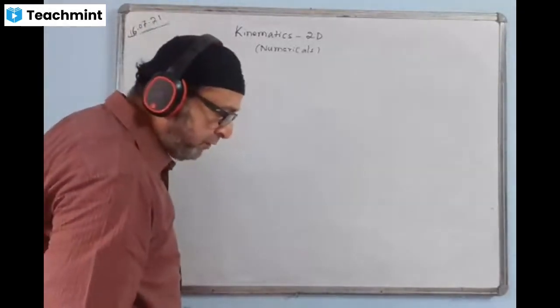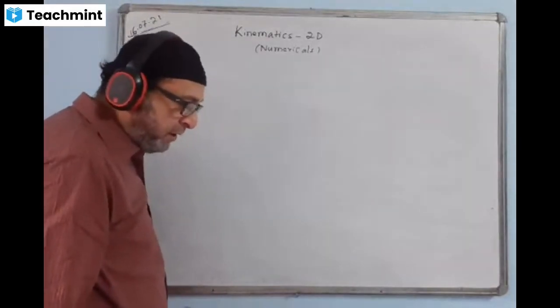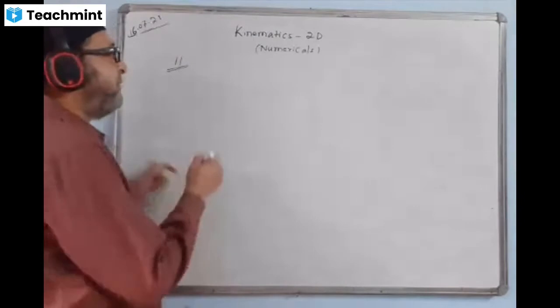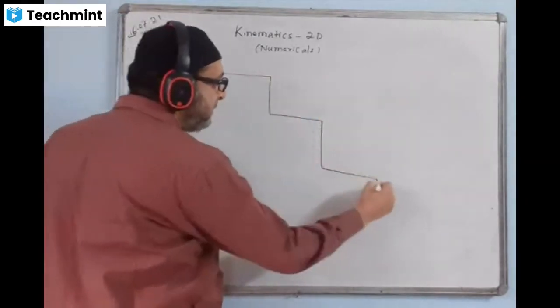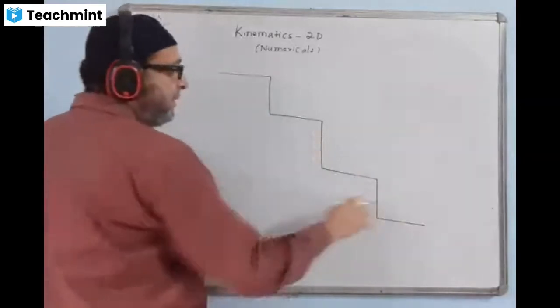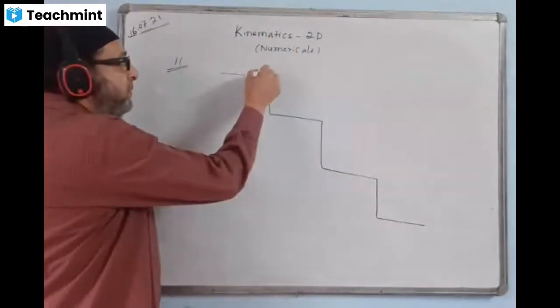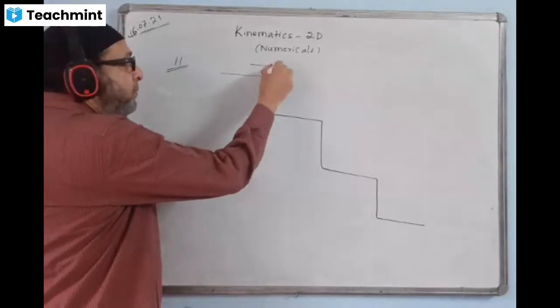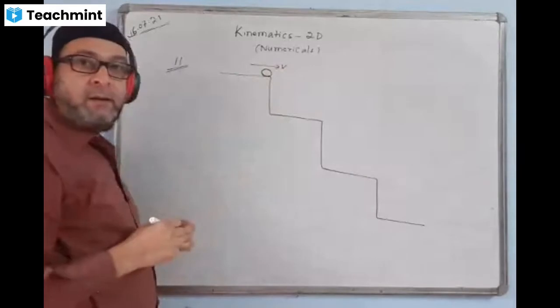The question says a ball is pushed from the top of a flight of steps with a horizontal velocity of 2 meters per second. A flight of steps means a number of steps like this. The steps are given this way. From here the ball is pushed like this with a velocity v.